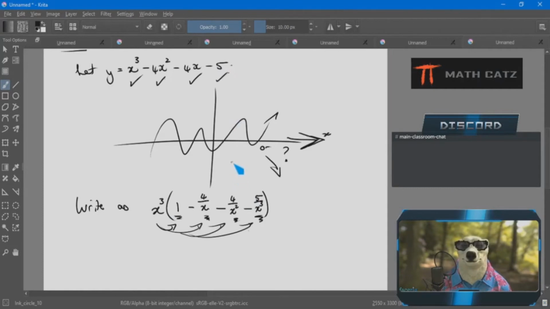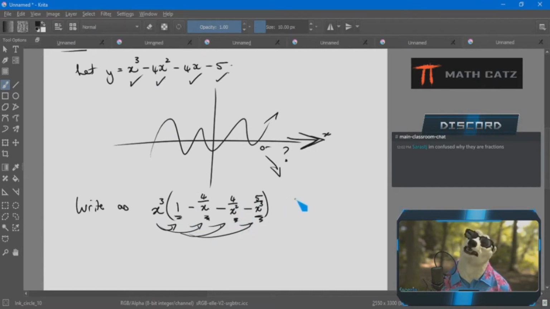Okay, so I'm going to rewrite my function in this way, which is equivalent for large values of x. It's not exactly the same. I'm not writing y equals here specifically because the top function, my original polynomial, is defined at x equal to 0, while this new version technically is not.